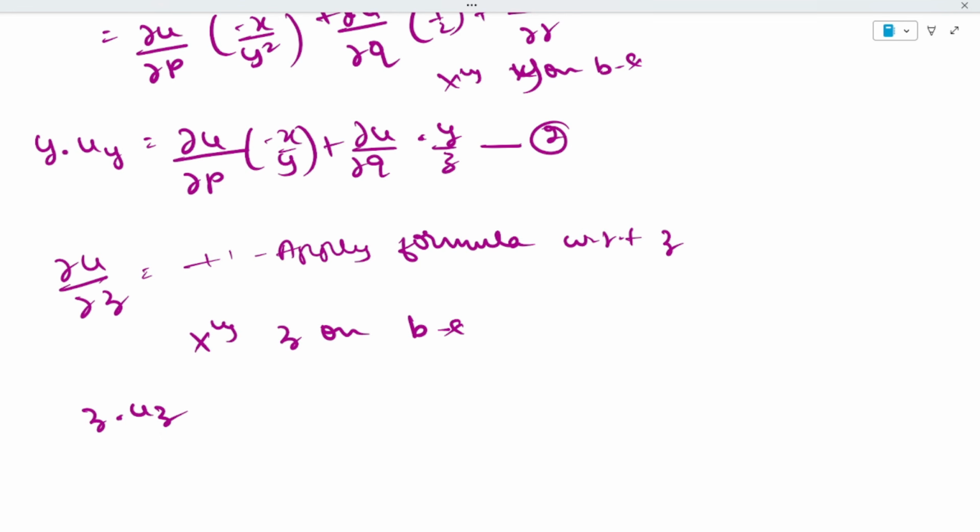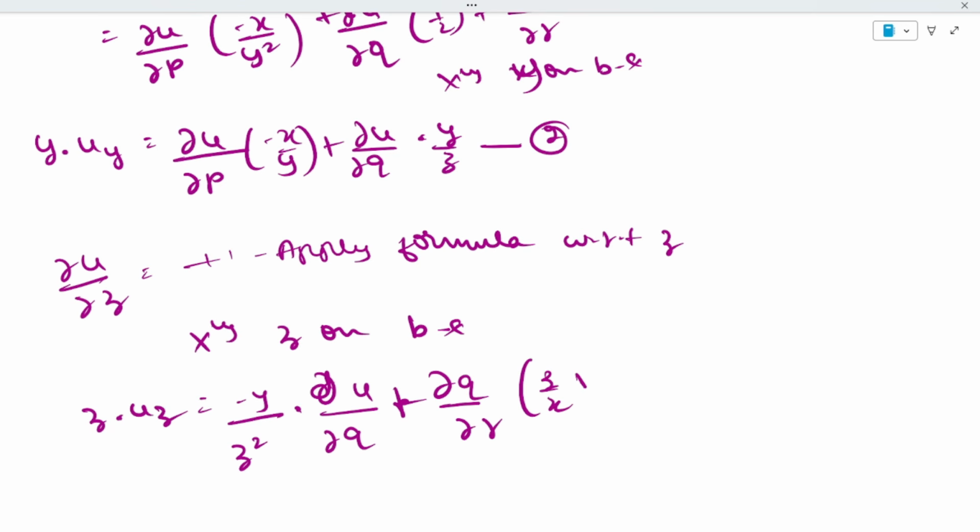Now the answer, after you multiply, del u divided by del p divided by del z, and all will be repeating as it is. Now you will get it as minus y divided by z square into del u divided by del q into del q plus del q divided by del r into z divided by x, and this will be equation 3.